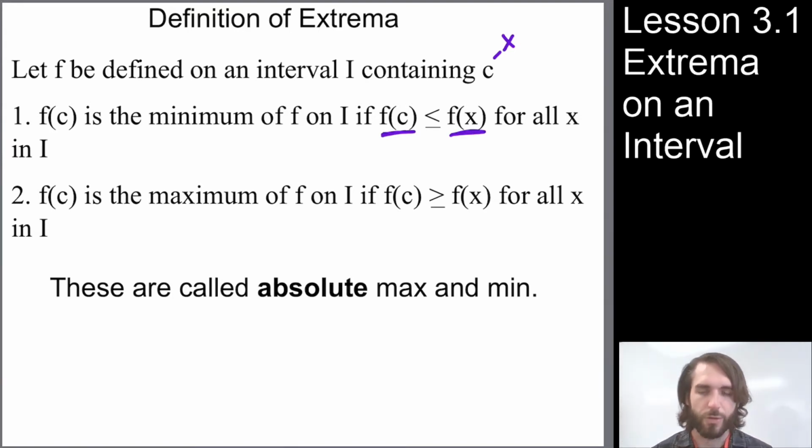So there could be two lowest values. If that y value is lower than all the other ones or equal to one other one, then that is the minimum. If it is greater than all other values, then it is the maximum. So these are absolute maxes and mins, absolute extrema, we call them.